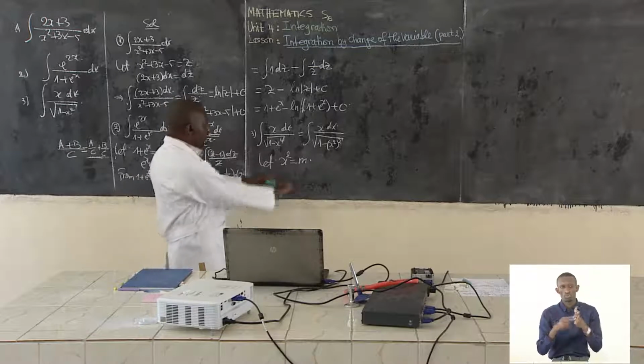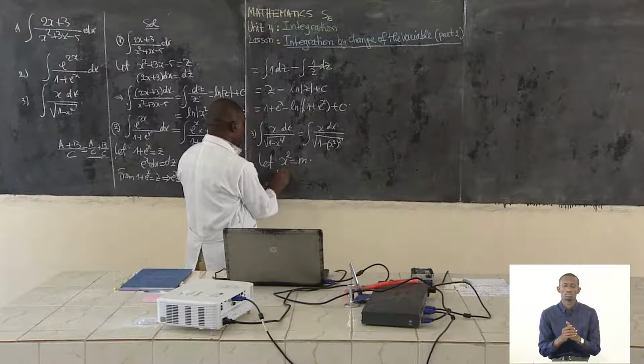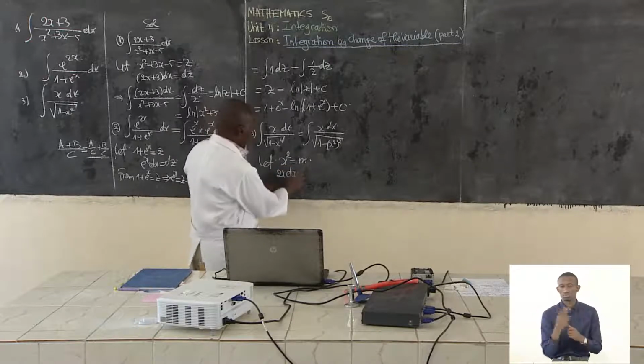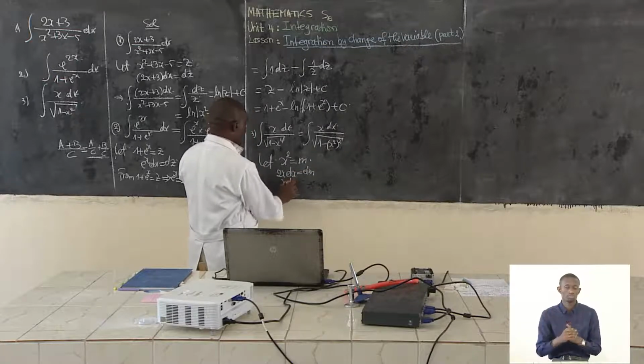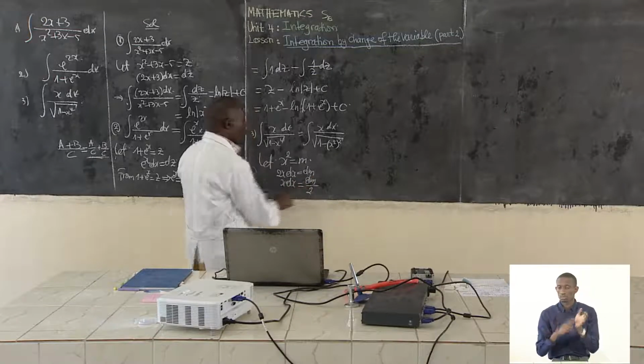right? Then differentiating both sides, I'll have 2x dx, which is equal to dm. Then x dx is equal to dm divided by 2.